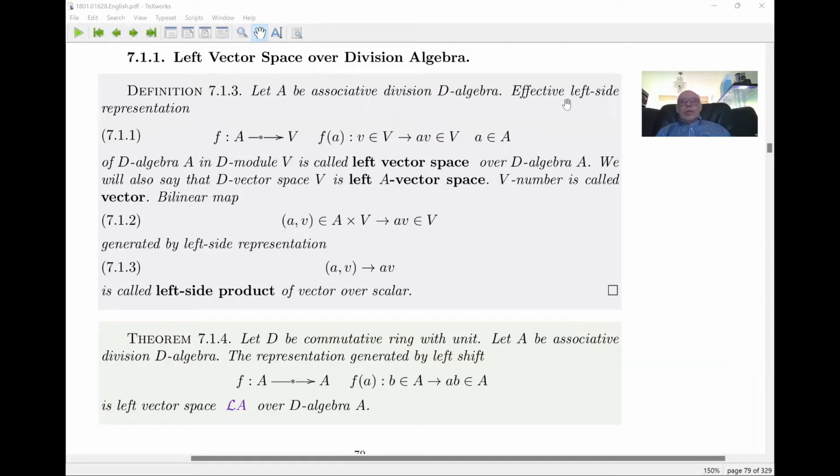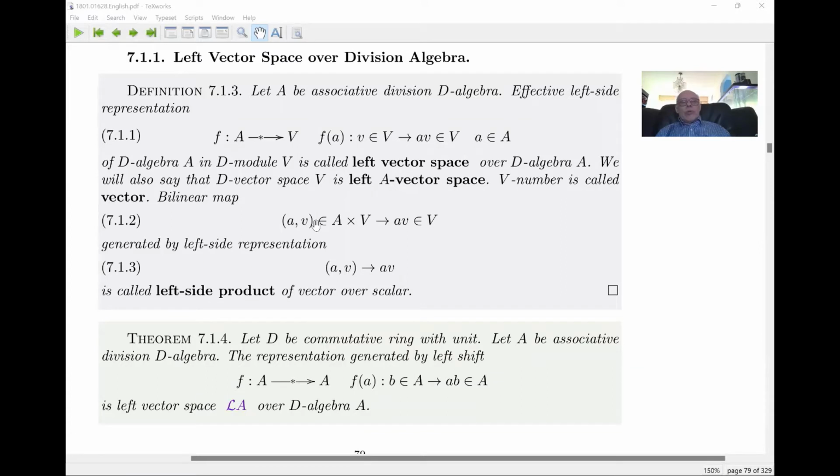Now we consider the definition of vector space over non-commutative algebra. Let A be an associative division algebra. An effective left-side representation 1.1 of the algebra A in the module V is called a left vector space over the algebra A. The element of V is called a vector.